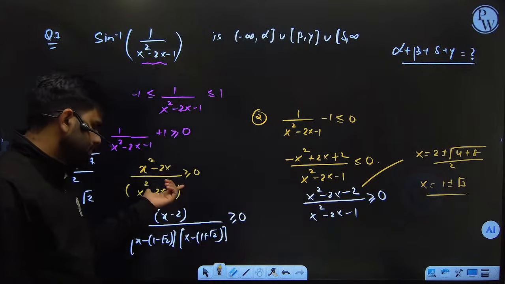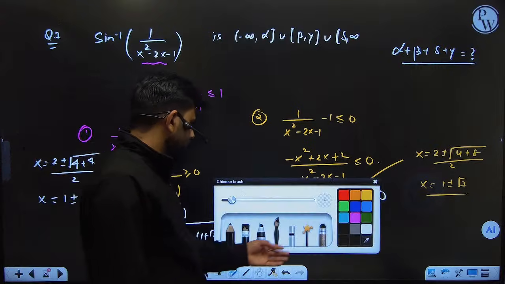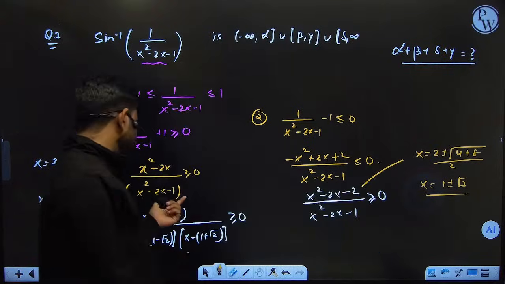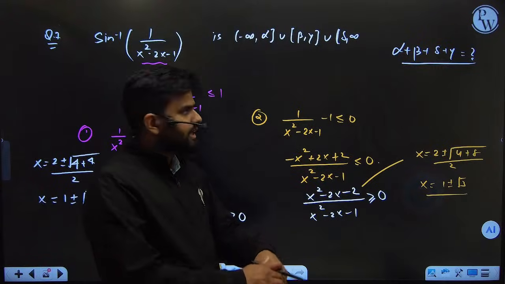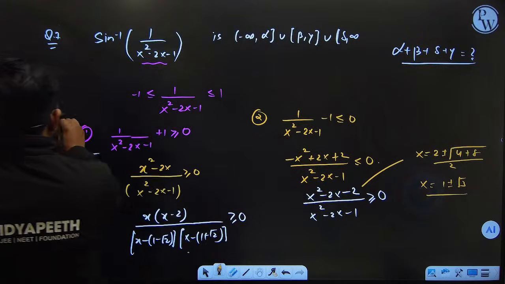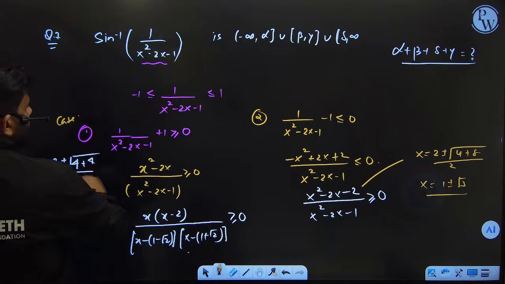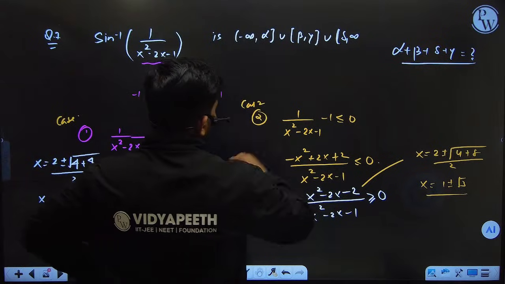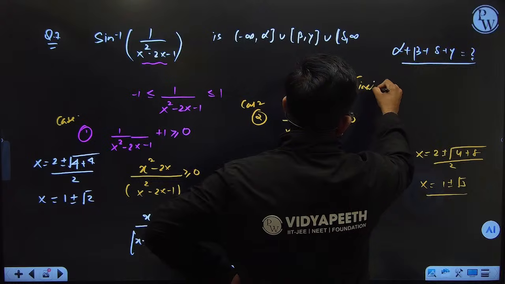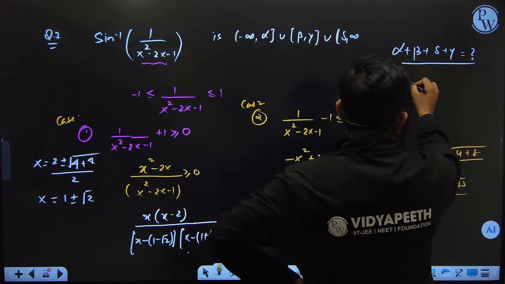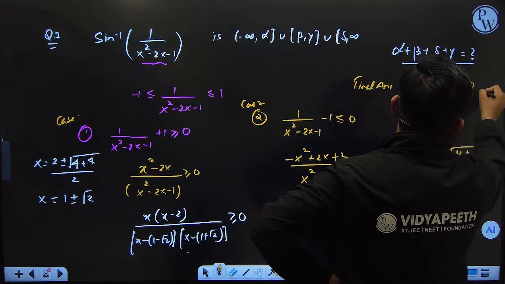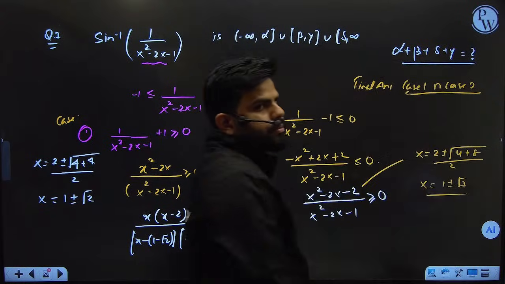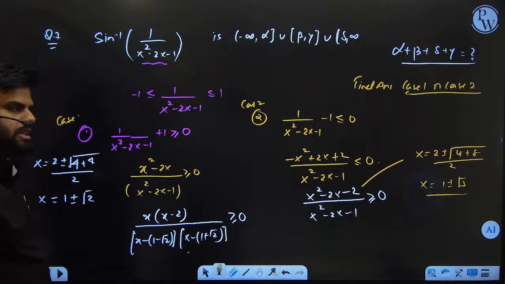So again we'll apply the wavy curve. Apply the wavy curve to this, find the answer of the first case, find the answer of the second case, then take the intersection. So this is case 1 and this is case 2, and our final answer should be case 1 intersection case 2.